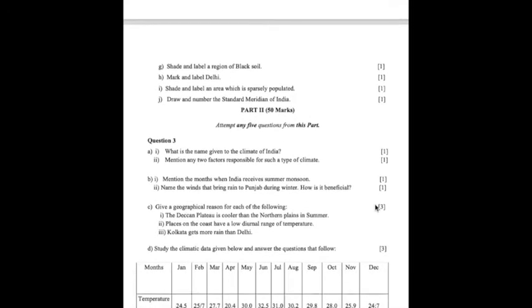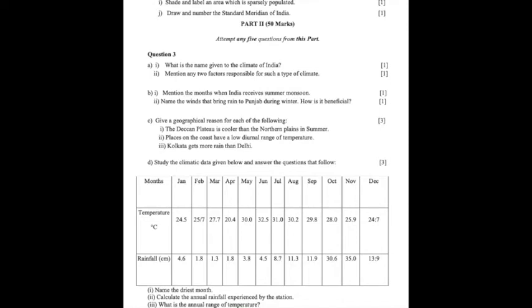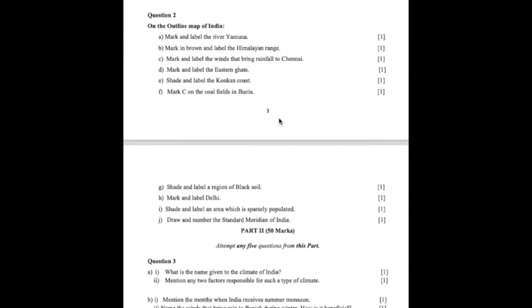Okay, so go to question 3. Question 3A. What is the name given to the climate of India? Tropical monsoon type. Once again, in question 2, what is the area which is sparsely populated? Arunachal Pradesh.